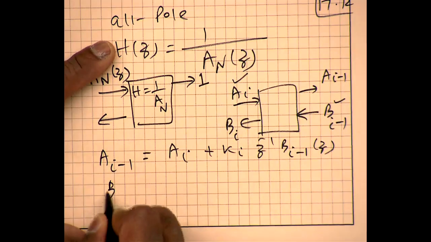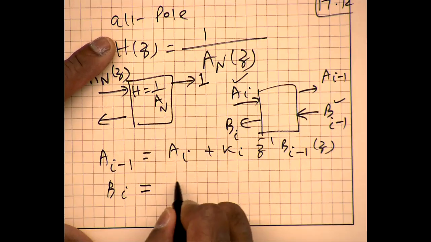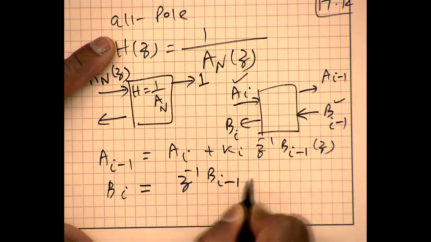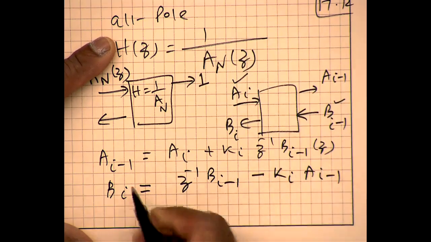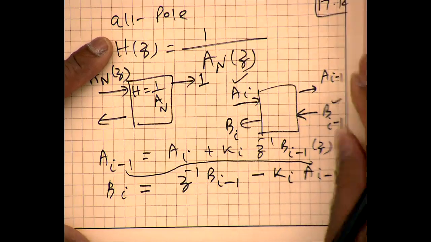So Bi is equal to z to the power minus 1 Bi minus 1 minus Ki Ai minus 1. So the Ai minus 1 can now be used to compute that.